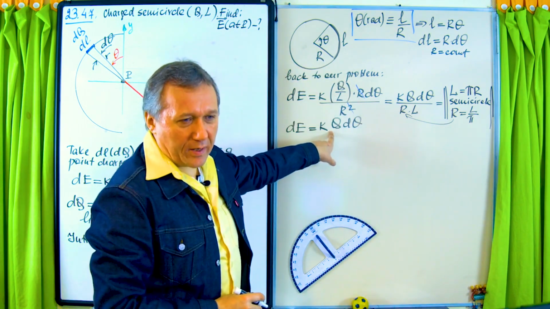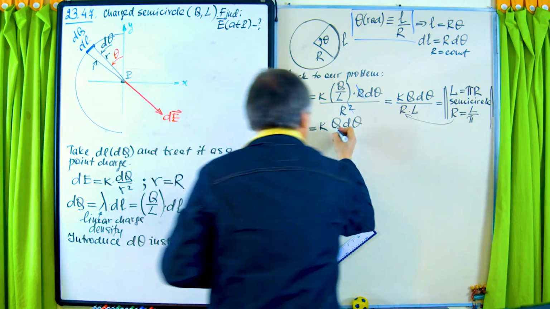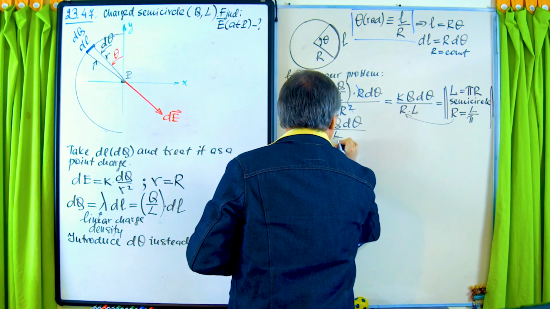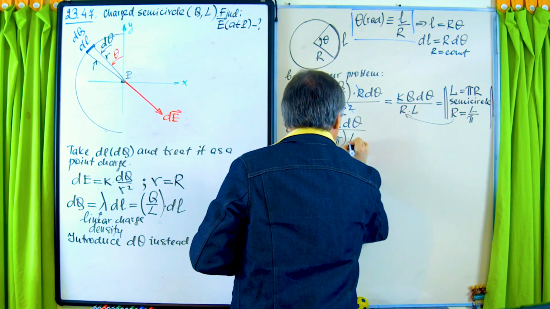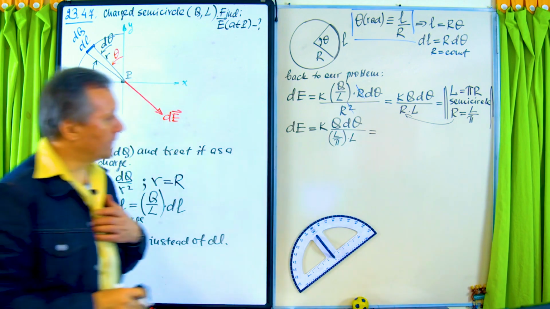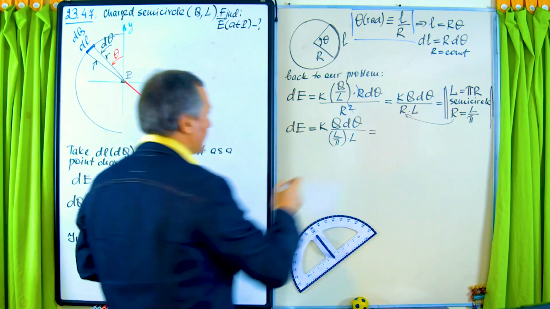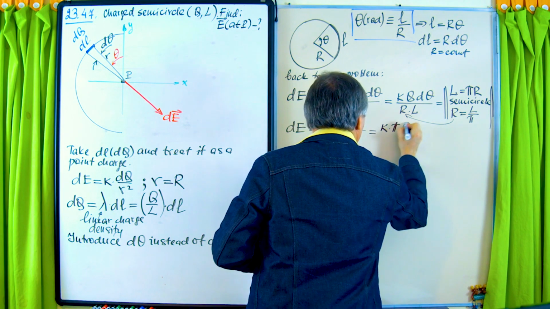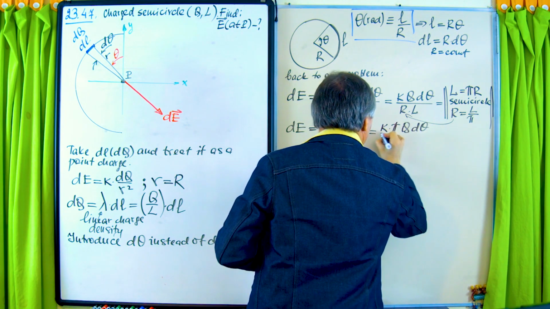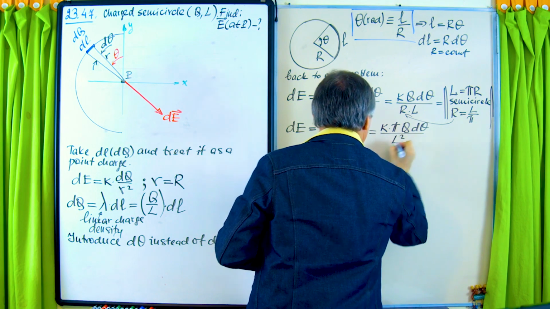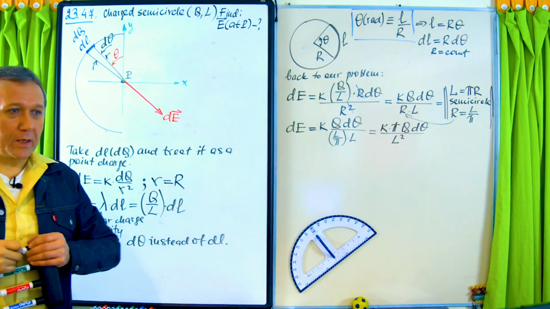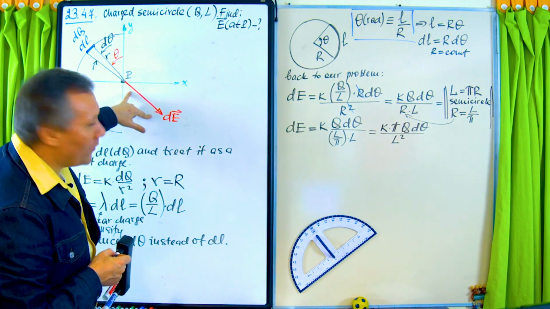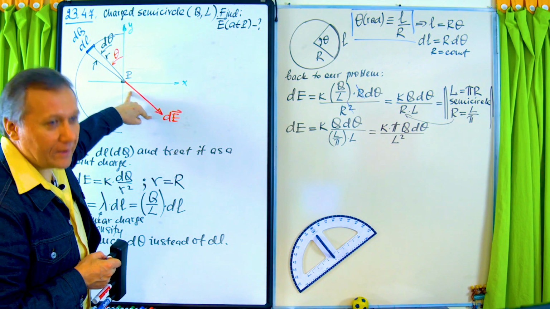Let's do it step by step: q d theta and L over pi times L. So it will be k pi q d theta divided by L squared. Okay, so now that's the magnitude of this electric field.